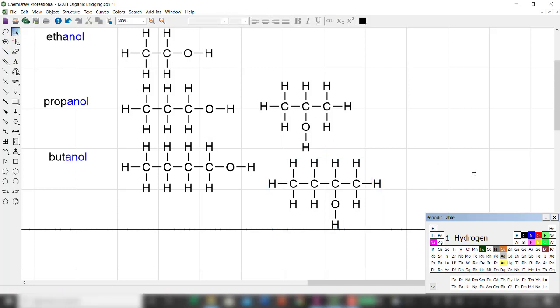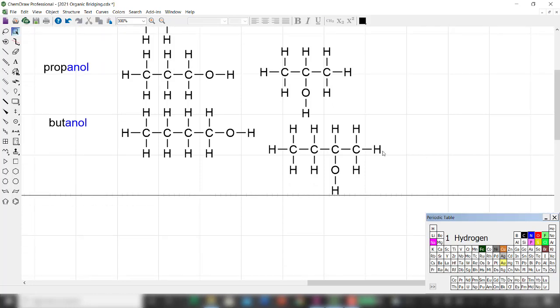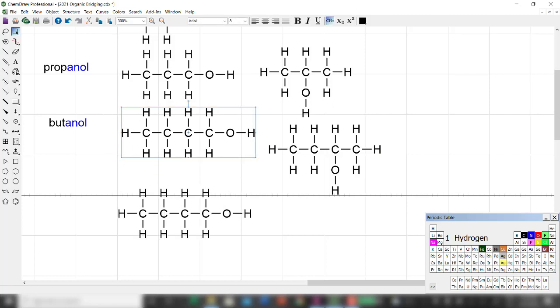And then at the same time, we can also do some branching for isomerization to occur. So for example, in this case, I can actually shift one of the CH3 to the middle. If I shift the CH3 right into the middle, you're going to end up with something like this.